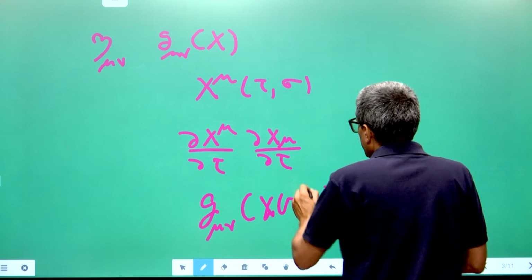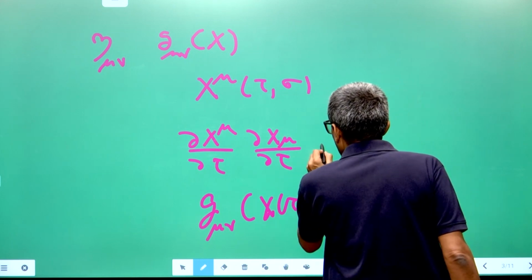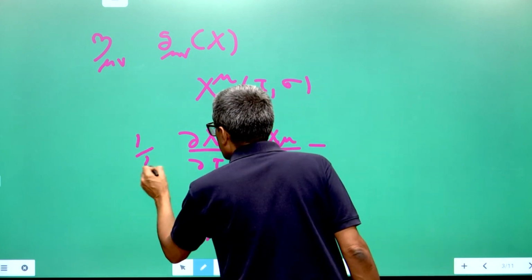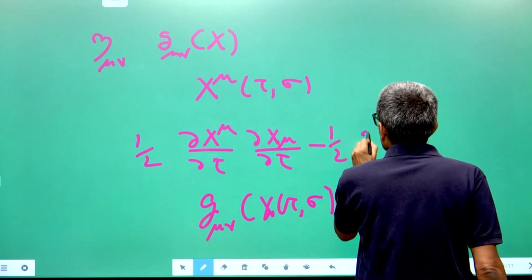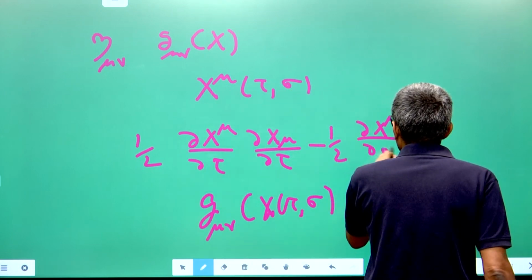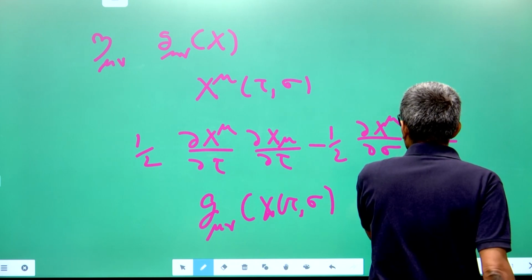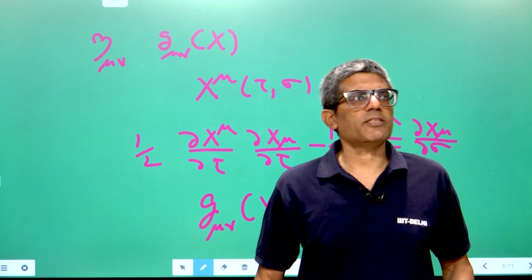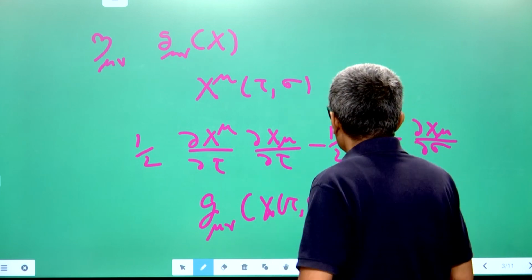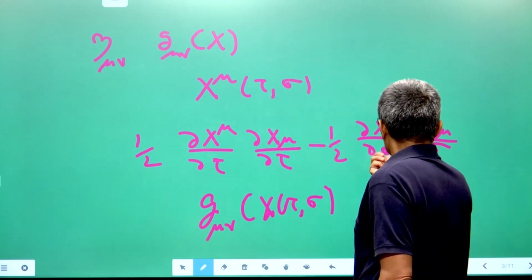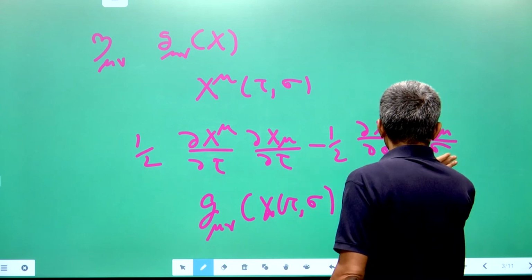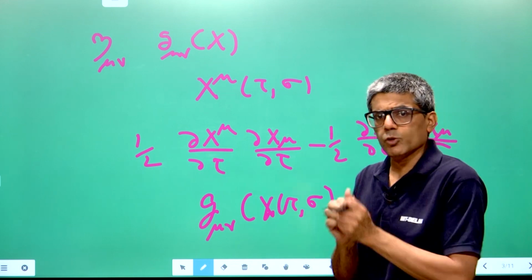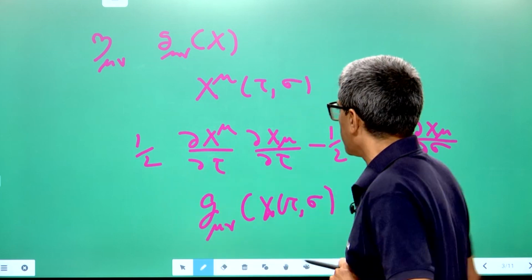So, this is the kinetic energy part, and the potential energy part is dou x mu by dou sigma into dou x mu by dou sigma. It is just like a usual vibrating string, in which you consider the Lagrangian to be the difference of the kinetic and potential energies. This is a strain tensor, dou x mu by dou sigma. So, a quadratic form in the strain tensor gives you the potential energy due to its stretching.